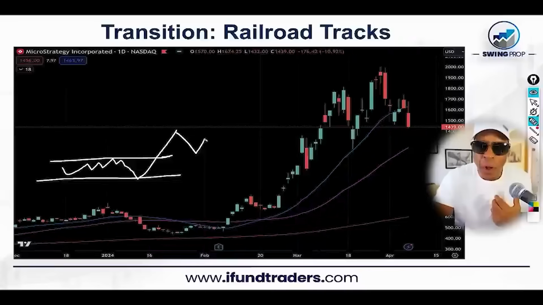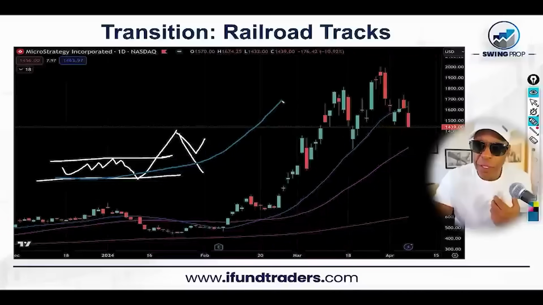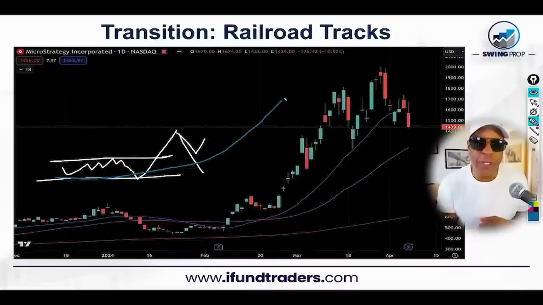This has to halt. It can't drop all the way back in. It's got to halt. And I need it to halt above the 20 period moving average. Anywhere above the 20 moving average is fine, but I need it to halt and turn.